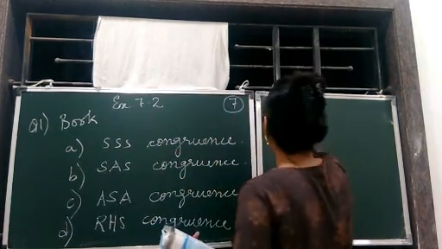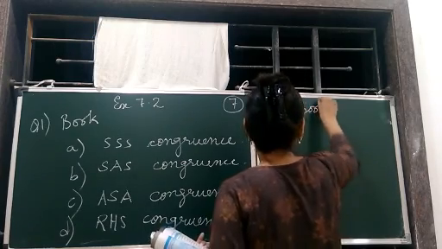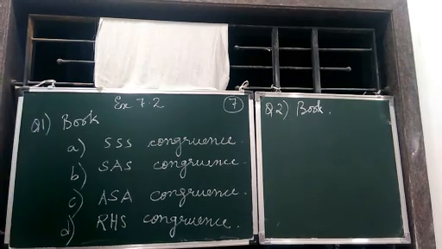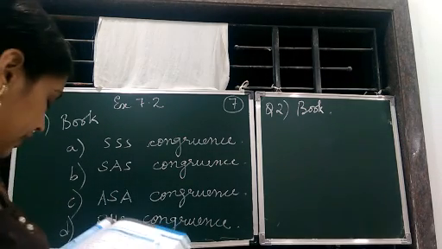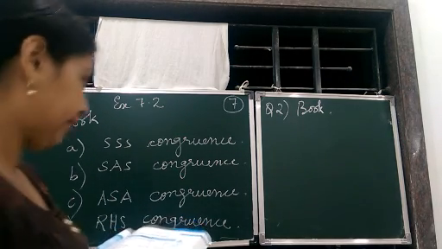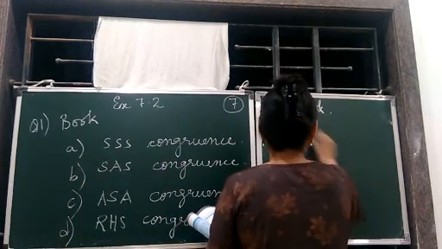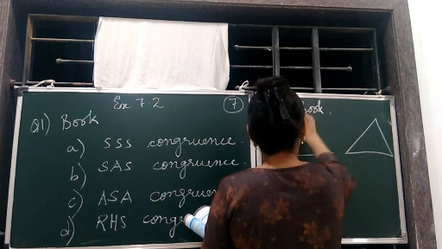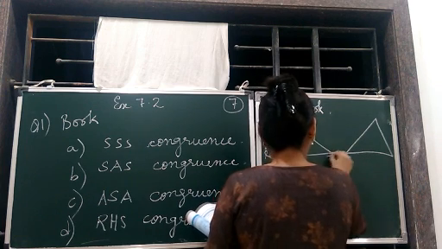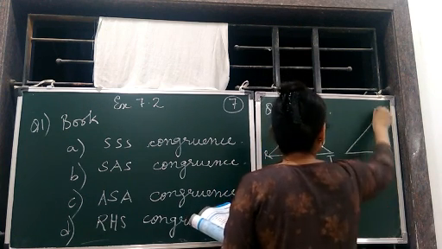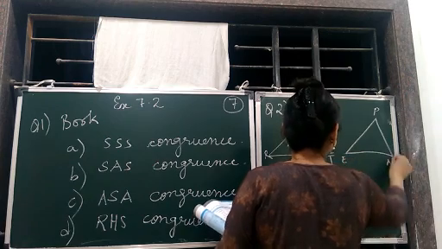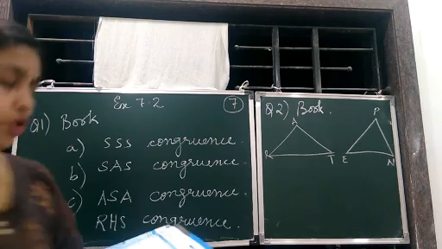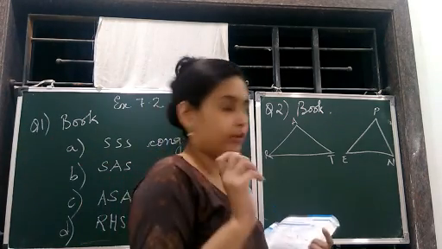Question number 2 also in book. If you want to show triangle ART is congruent to PEN, let me make it. Then by SSS congruency, that means side congruency.